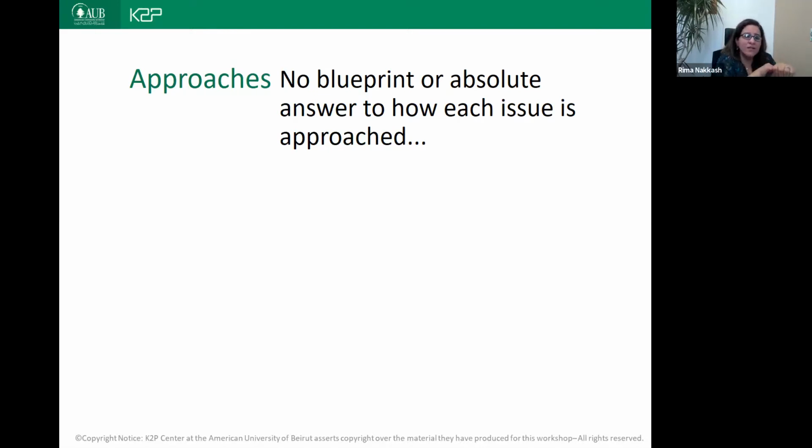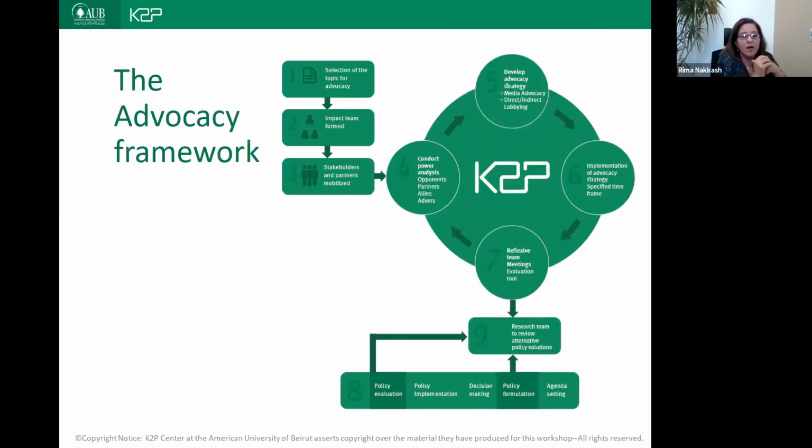It depends on the context, on the partners engaged, and on the time and the policy window in which the advocacy campaign takes place. It's not only the evidence available when you start your campaign, but also the evidence being generated, or new evidence that comes up. How are we able as advocates to engage with this evidence, take it up and use it in the campaign?